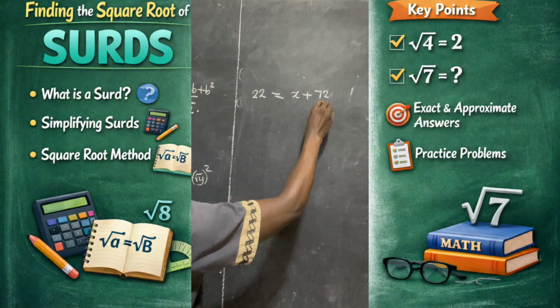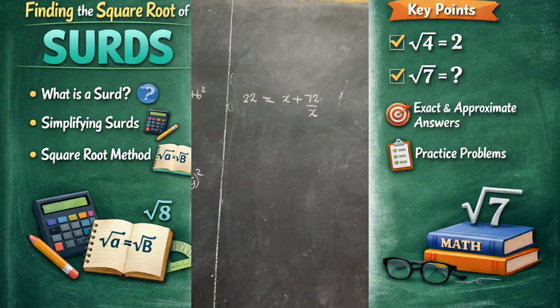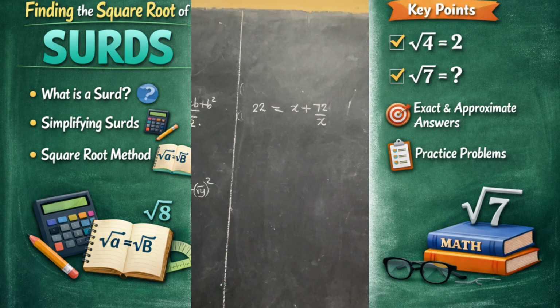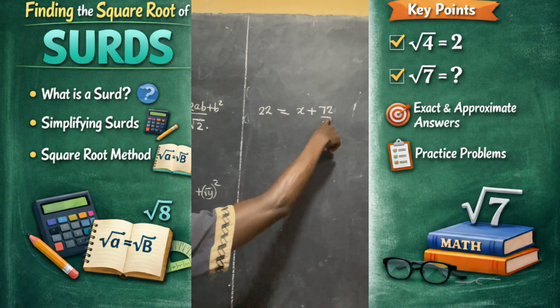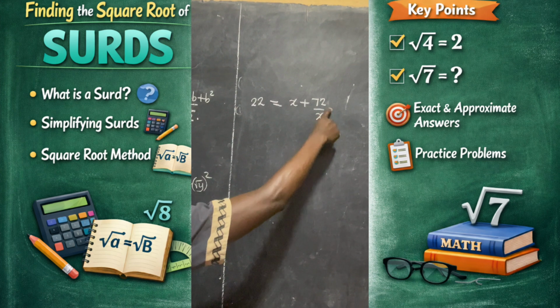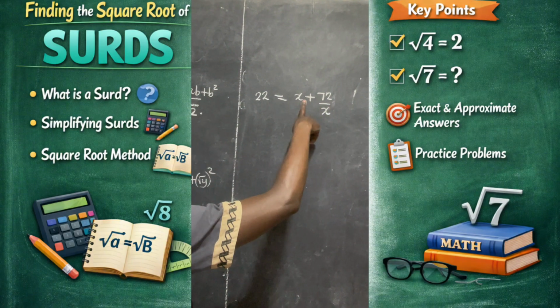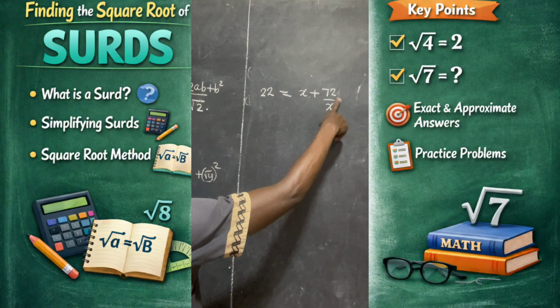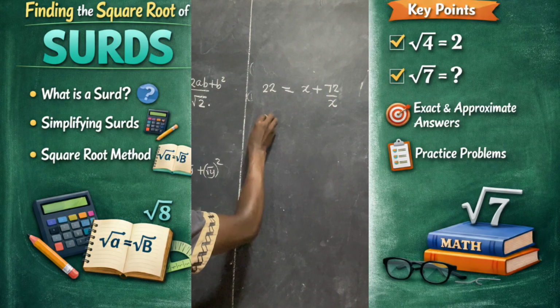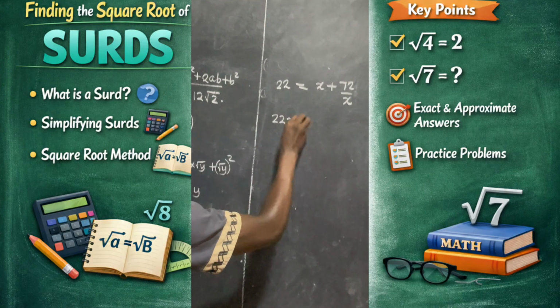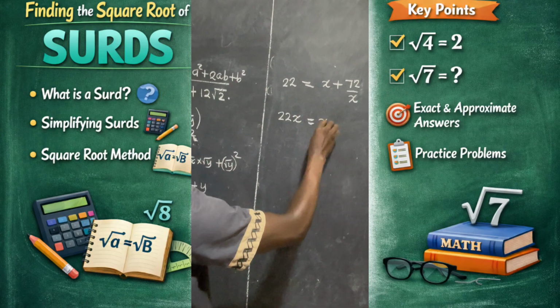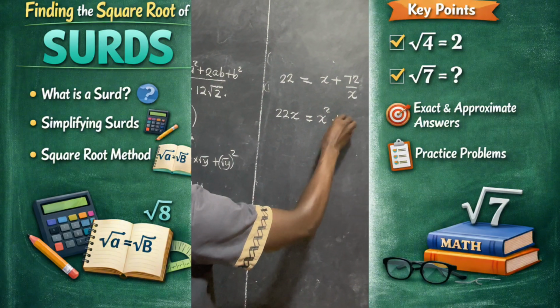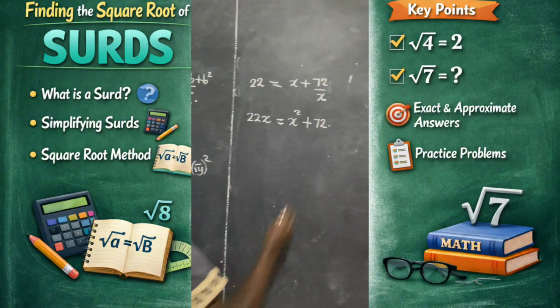72 over x. Now, when I reach this point, what I'm interested in is getting rid of this x in the denominator. How? Multiply it here, here, and here. When I multiply it here, it becomes just 72. When I multiply it, it becomes 22x is equal to, when I multiply it here, x squared plus 72.